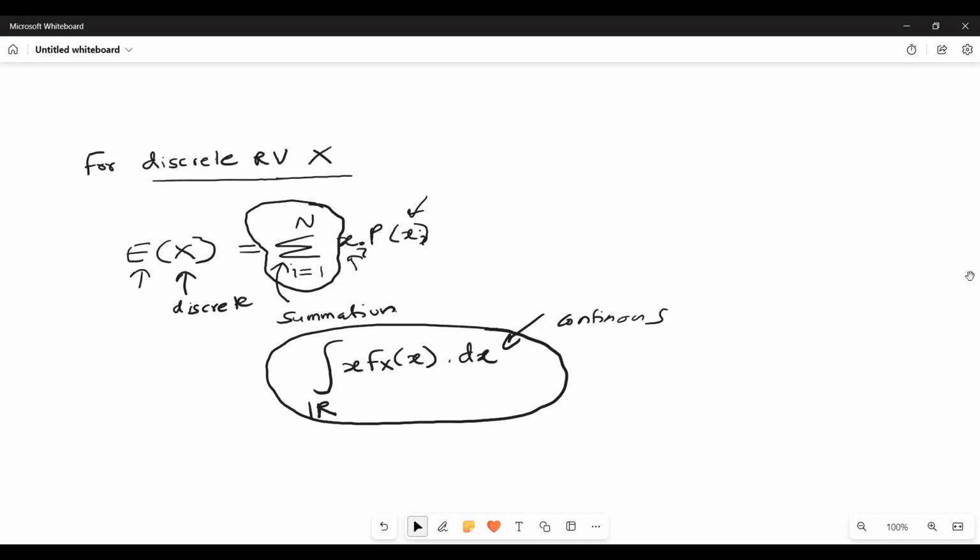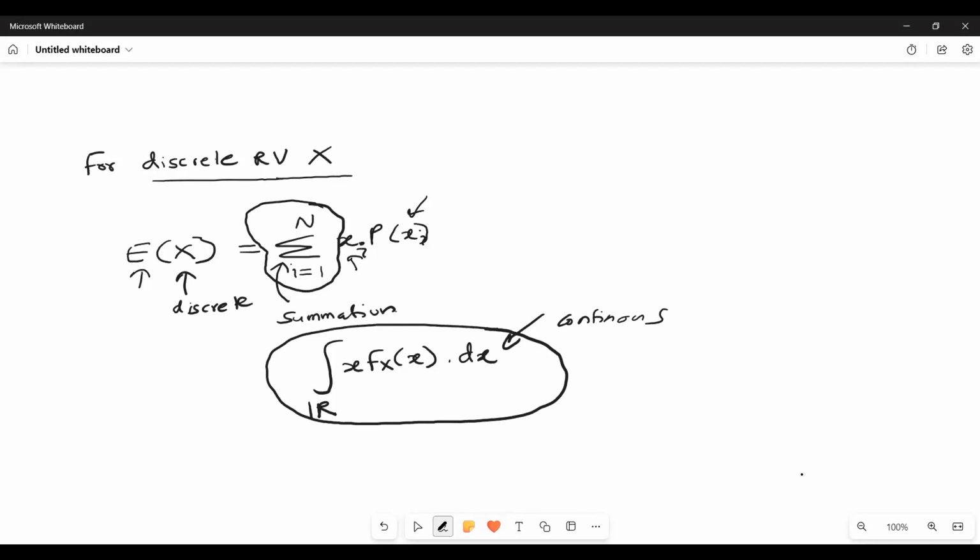So that is regarding the random variable's expectation values. Today we will discuss topics related to multiple random variables.